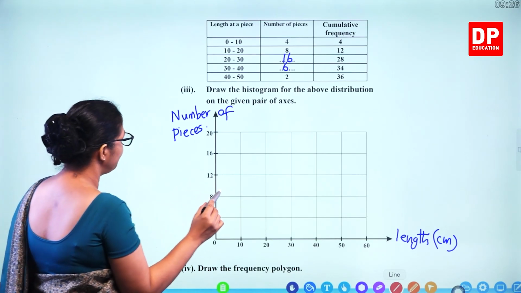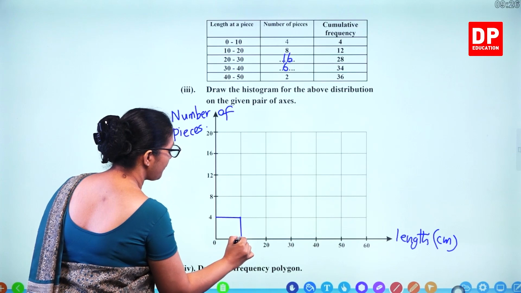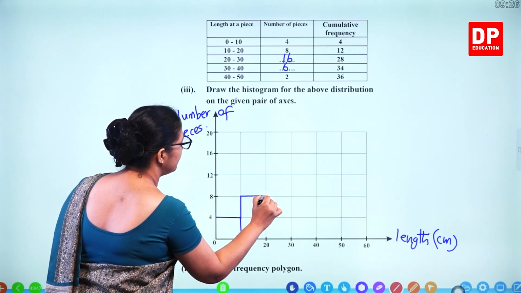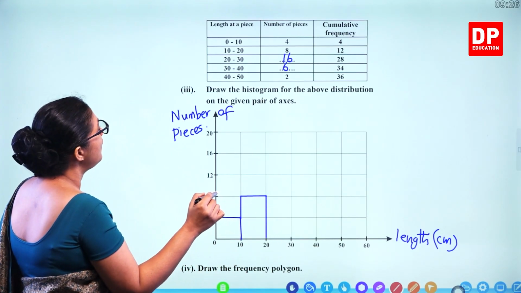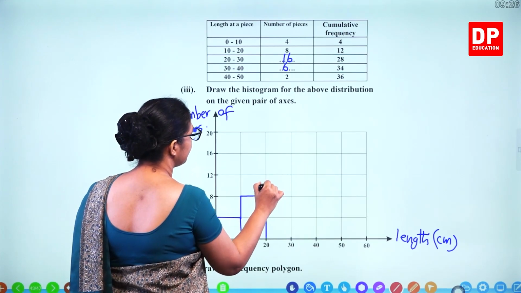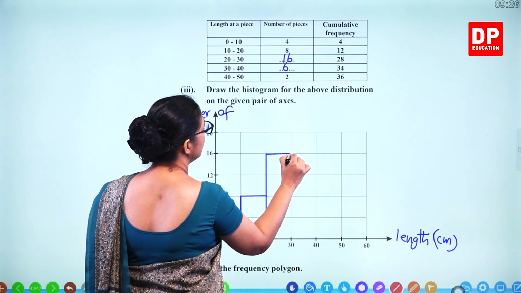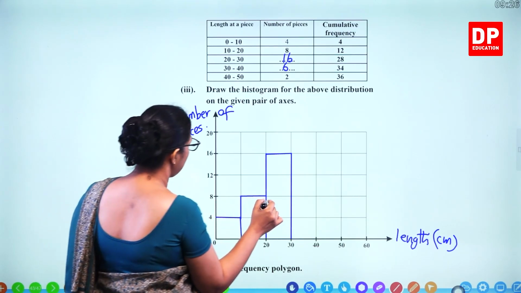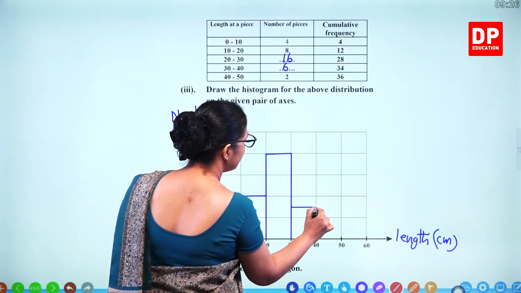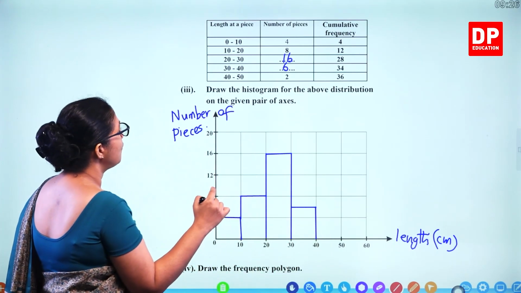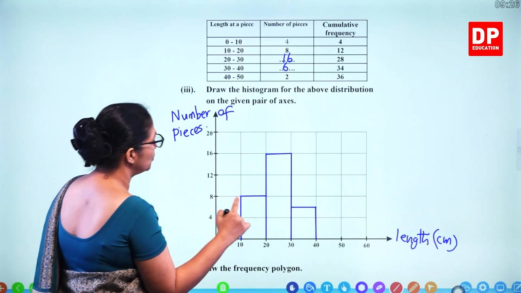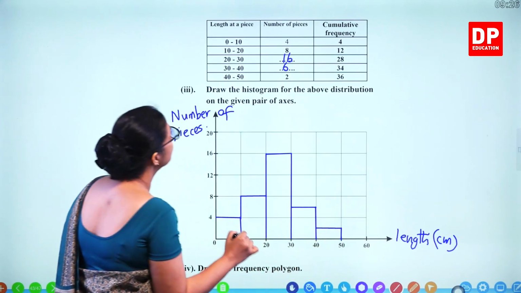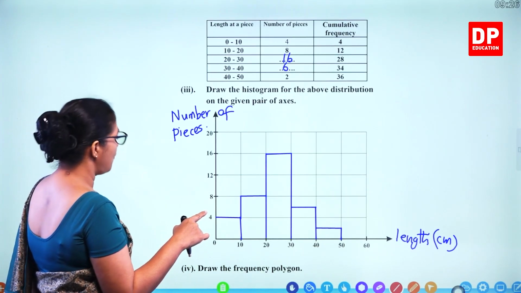Zero to 10, 4. 10 to 20, 8. 20 to 30, 16. 30 to 40, 6. 40 to 50, 2. 2 is mid value of this. That's the histogram for this data set.